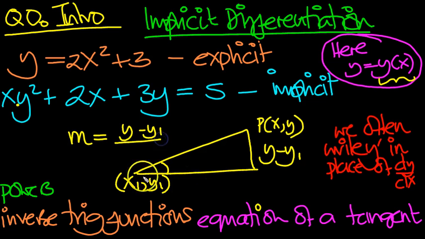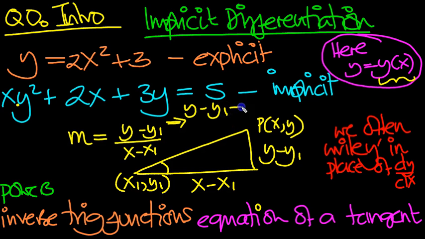That's the height divided by this distance here, which is the difference between the x and the x1s, x minus x1. So we can write then that y minus y1 equals m times the bracket x minus x1, moving this object over to be with the m. And this is the equation we write down, the equation of a tangent.